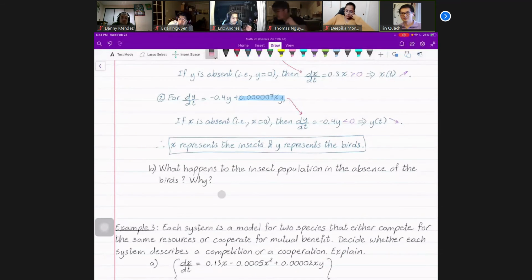What happens to the insect population in the absence of the birds? So right here, in the absence of the birds, the insect population is increasing because its rate is positive. Make sure you say that, okay?